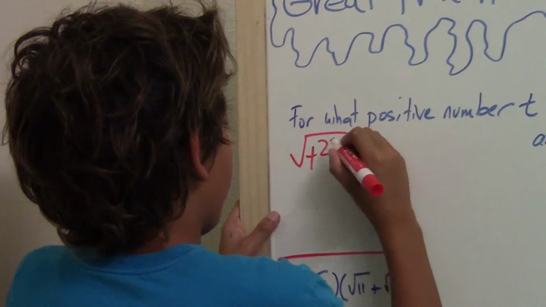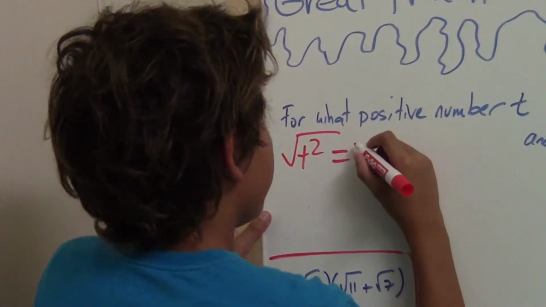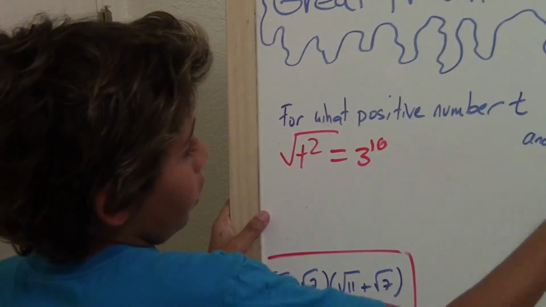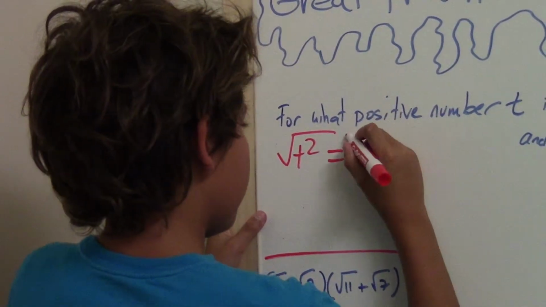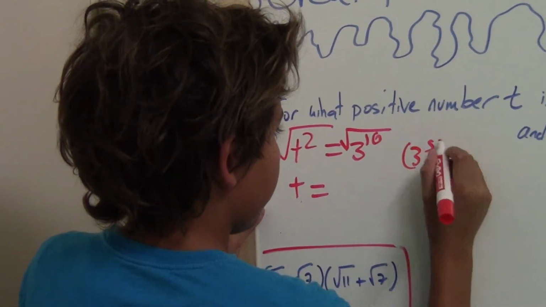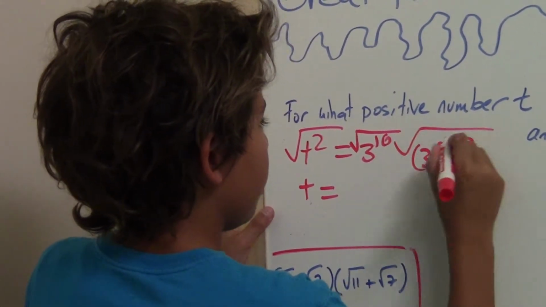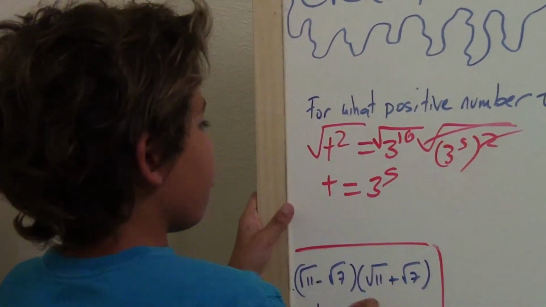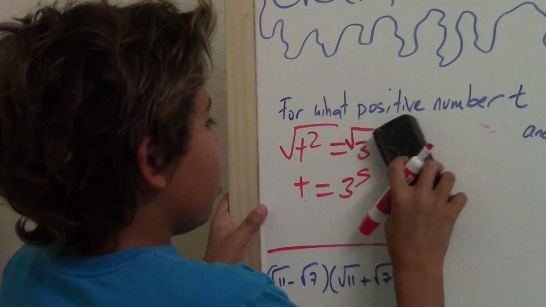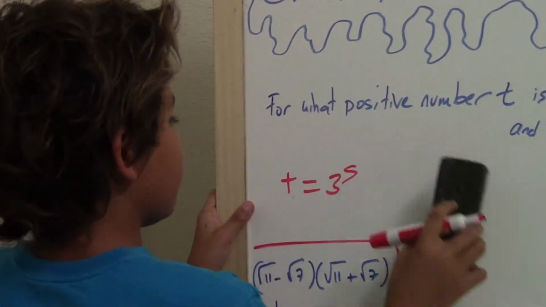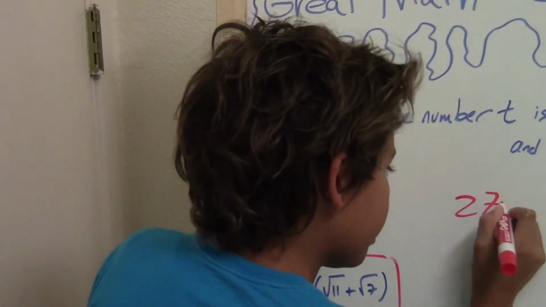So T squared, square rooted, is equal to 3 by the power of 10, which is the same thing as 9 by the power of 5, which I just said. Do that, then T equals 3 by the power of 5 squared. Take away the square root, take away the square, then that is 3 by the power of 5. 3 by the power of 3 is 27. 27 times 9, let's do that.